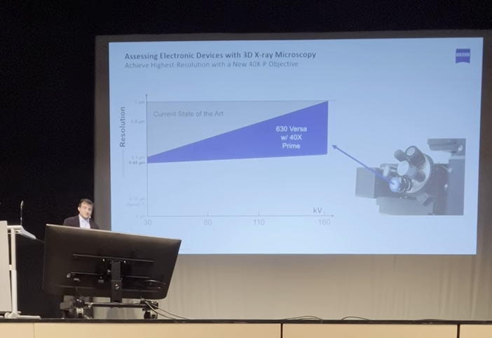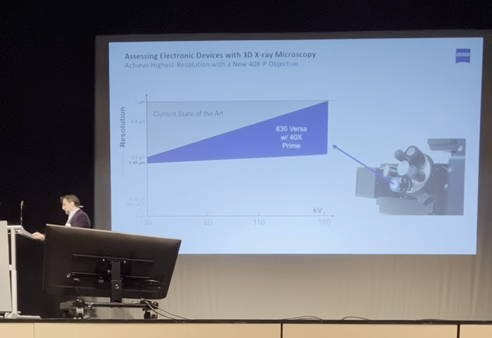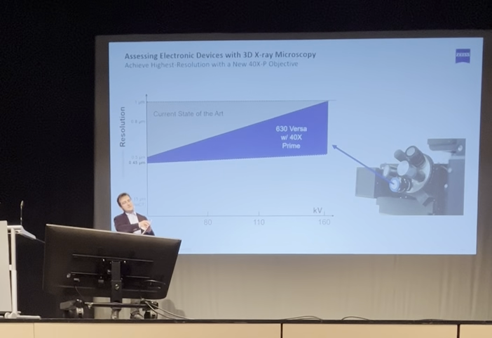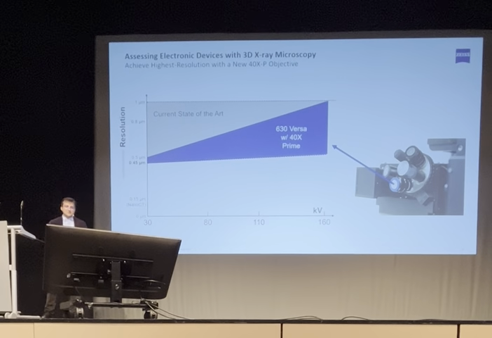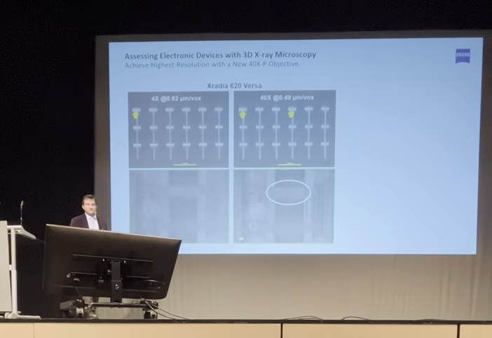With this new detector, which we designed, now we can increase the power and get the same level of resolution, with the curve that you see right here, even at 160 kV. And this is really good for the inspection of circuit boards because of the high density materials that you might have inside. So you might need to use all the way to 150 or 160 kV without losing resolution.